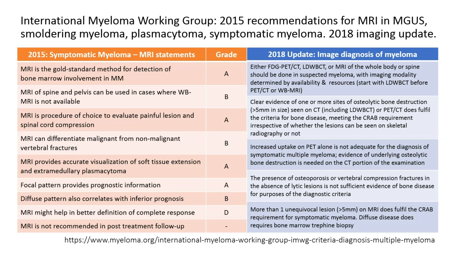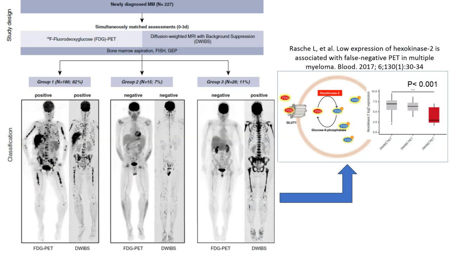However, you did not need this on the MRI scan. On the MRI scan, you needed more than one unequivocal lesion that was more than 5 millimeters in size, and that would be considered as meeting the requirement for symptomatic disease, so you could start treatment. However, they did say that diffuse disease seen on MRI would require confirmation using a trephine biopsy.